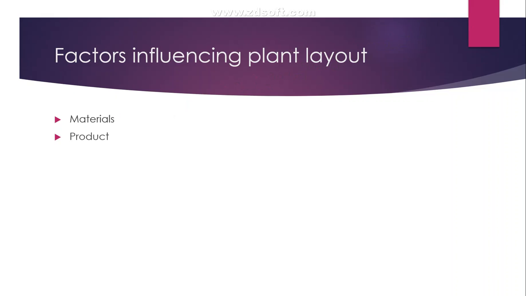Next, moving to product. Product is another very important factor with respect to the plant layout. First we need to have a decision with respect to the product, that is, what we are going to produce. It depends on the size, whether it is big or small.